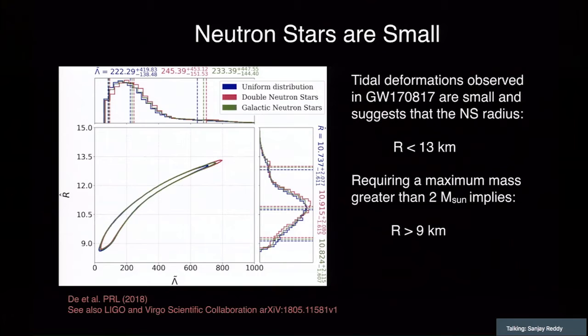More detailed analysis actually suggests that the radius of a neutron star is probably between 11 and 12 kilometers. And one can also do a calculation to show that the existence of two solar mass neutron stars implies that the radius of a neutron star must be greater than 9 kilometers. So between the observations and a stringent theory constraint, we now believe that neutron star radii are certainly in this range, greater than 9 kilometers and less than about 12 kilometers.